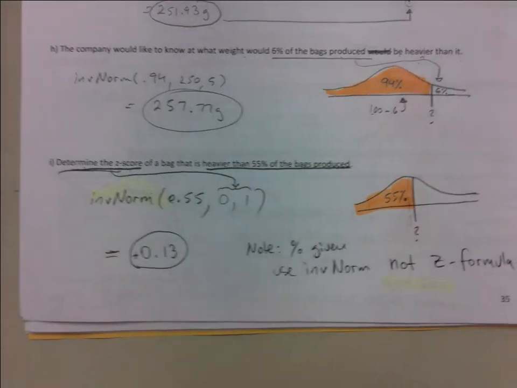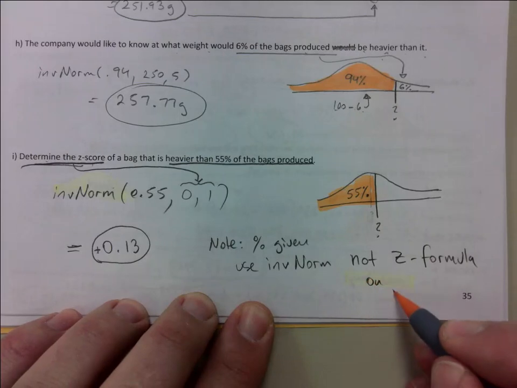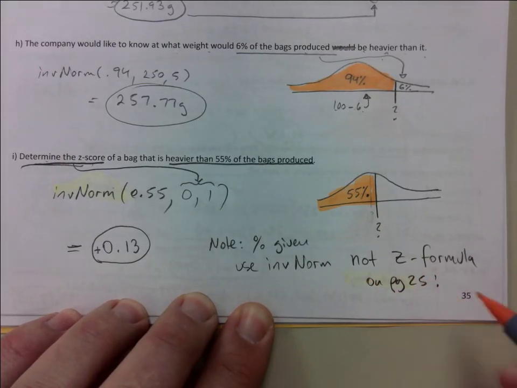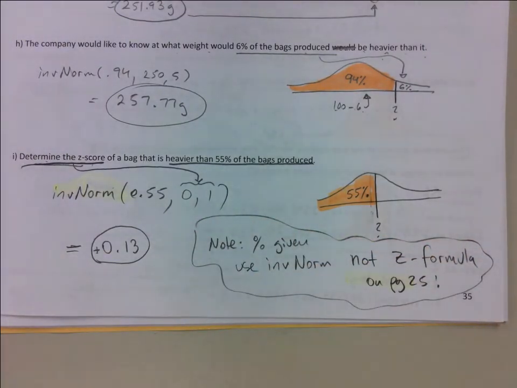Oops, you can't see that. Okay, this is just a note for you, because sometimes students are like, wait a minute, you gave us a formula, why didn't you use the formula here? You didn't have enough information to do that. It didn't give you a value, but I did give you a percentage. Okay?